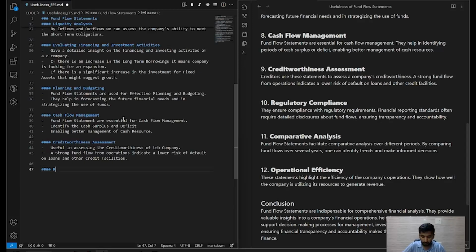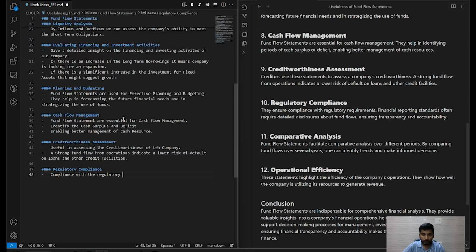Then comes regulatory compliance. It is useful for regulatory compliance as well. They ensure compliance with regulatory requirements.